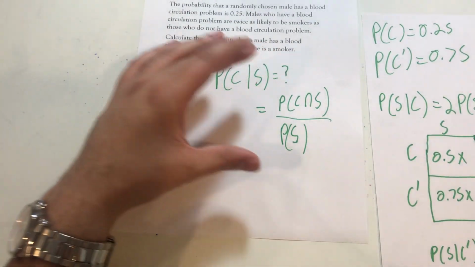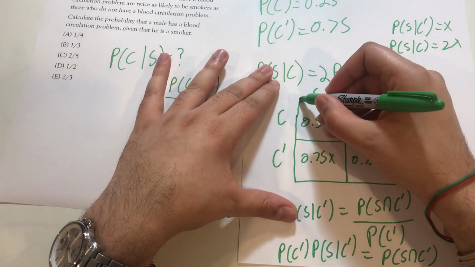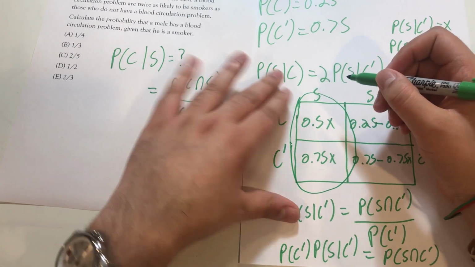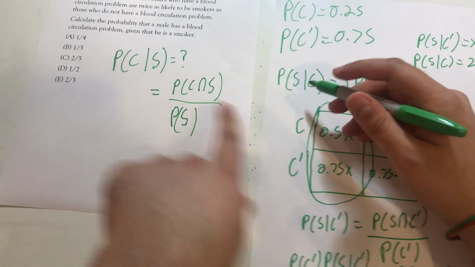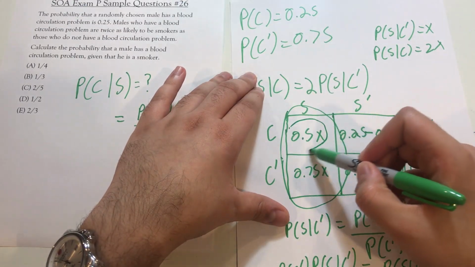So now it's asking us, of all of the people that are smokers, so of this whole column, what is the probability that you're in the intersection of smokers and those with the circulation issue? So these guys.